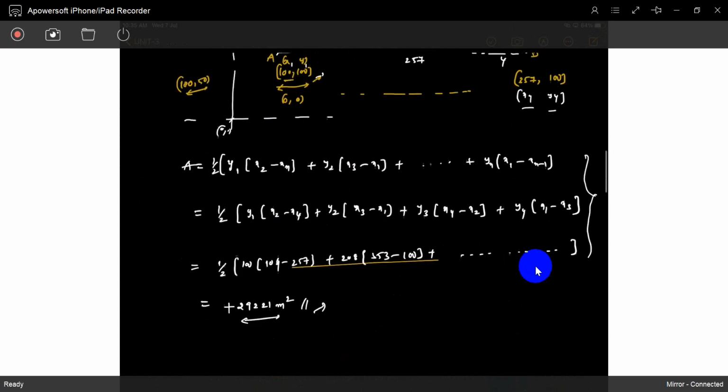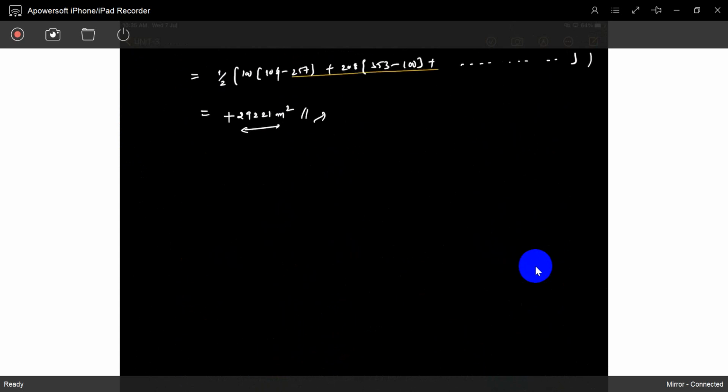Next is area by instruments. What is the instrument?